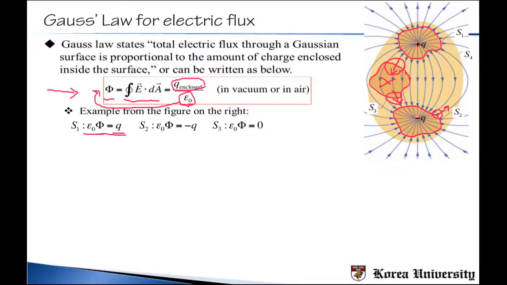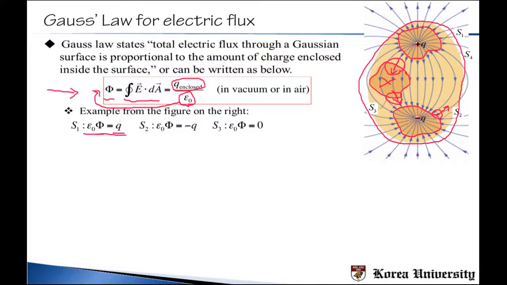Okay, and then let's try another final example, S4. Now this time surrounding both positive and negative charges. In this case, it may be a little bit confusing to some of you, because now we have some charges, but the electric field at some places is going out and at some places is going in.